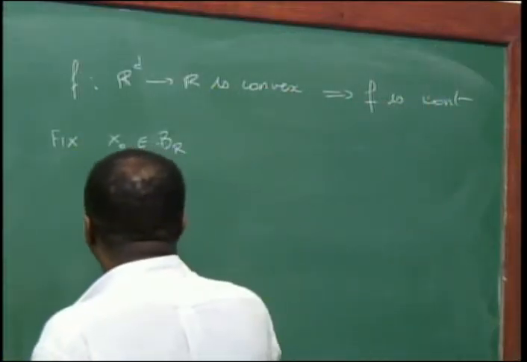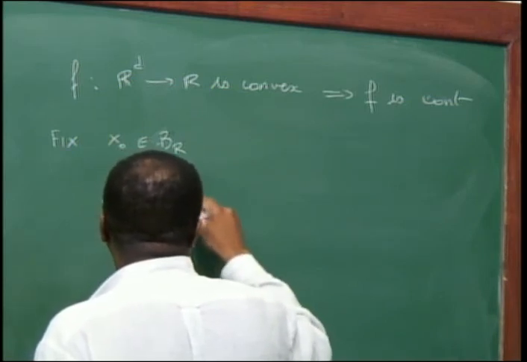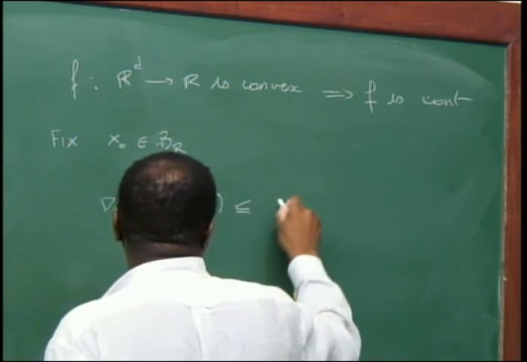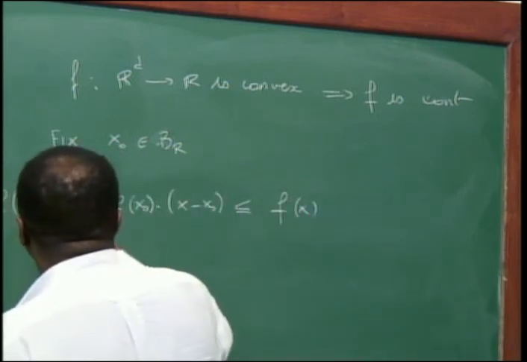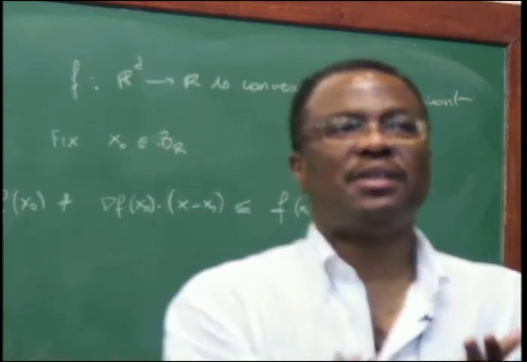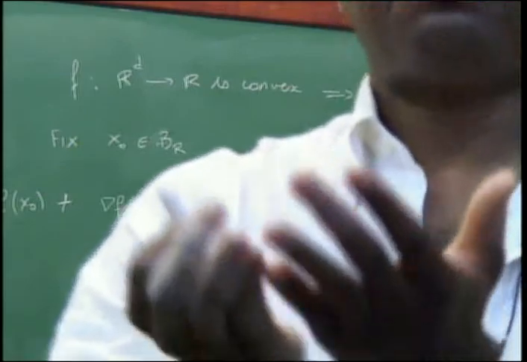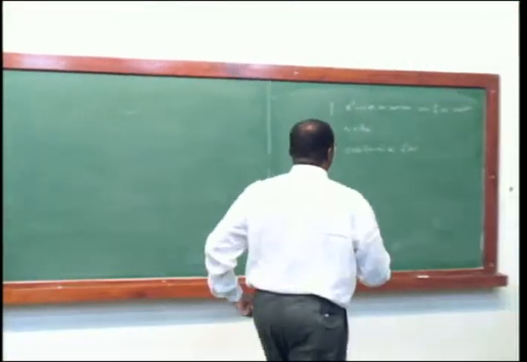Then I have that the gradient of f at s naught, if I multiply that with x minus s naught, this is below f of x. So the tangent plane at s naught is entirely below the graph of the function. This is a complete characterization of convexity. Okay.